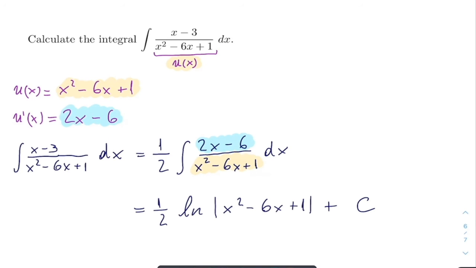So always remember, when we have the situation of a derivative divided by the function, then we can use the logarithmic formula, and always remember to include the absolute value.